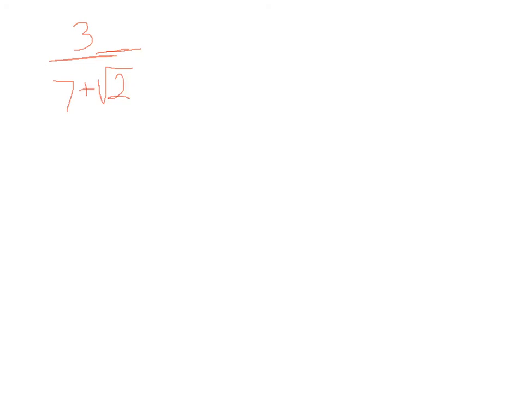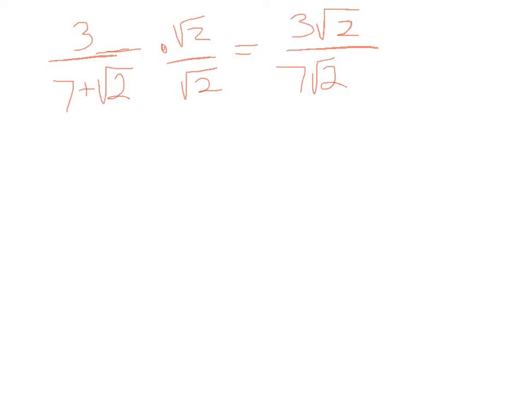Now, for these, I can't just multiply by square root 2 over square root of 2, because that would be fine for the top, but I would get 7 times square root 2 plus 2. That doesn't really help, does it? I still have a square root of 2.